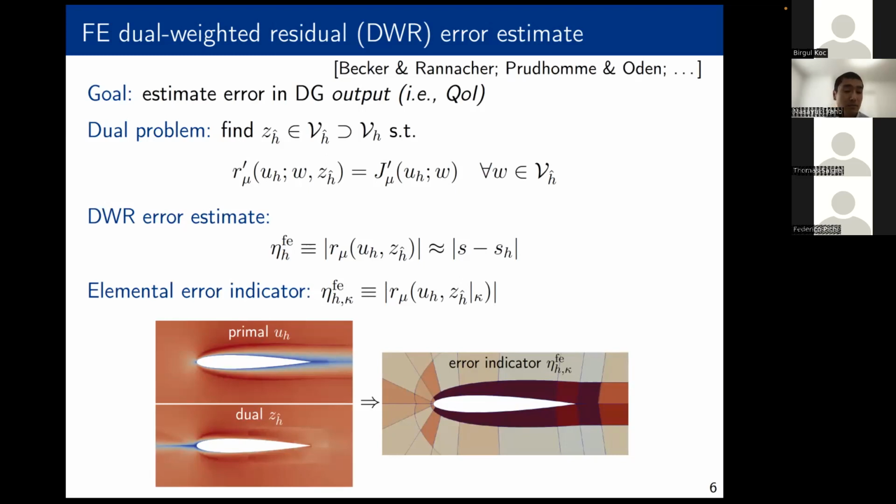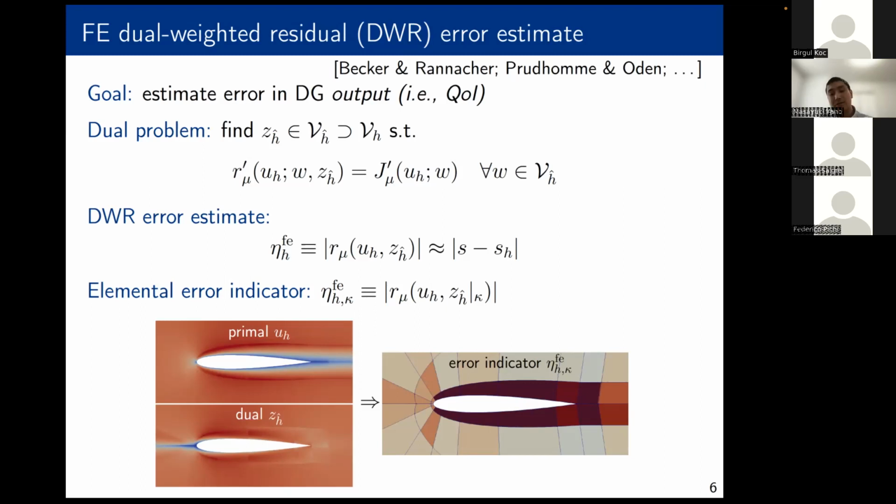Now, in the context of finite element, perturbation comes from the residual. So by computing the dual solution and then weighing the residual with this dual solution, we can estimate the error in the quantity of interest, like lift and drag. We can also localize this statement to come up with an elemental error indicator.